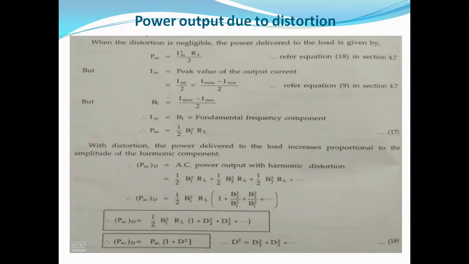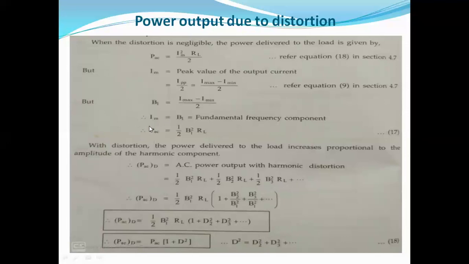Okay. So next, the power delivered to the load increases proportional to the amplitude of harmonic component. So that is the output power due to distortion. That is PACD, the AC power output due to harmonic distortion, which is half B1 square RL plus half B2 square RL plus half B3 square RL and so on.